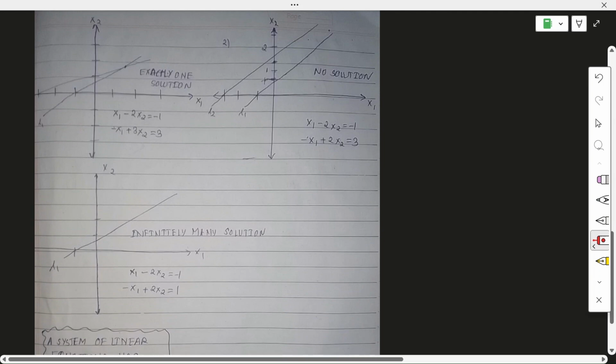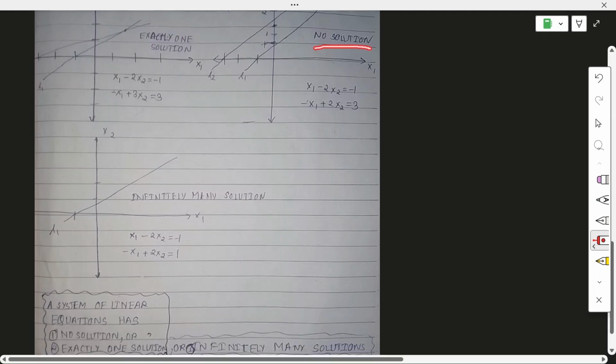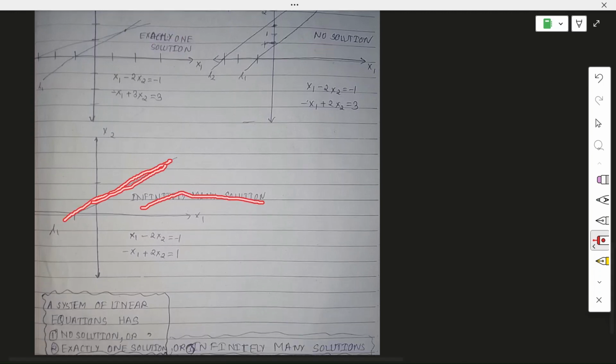Now, what is exactly one solution? It is one linear system: x1 minus 2x2 equals, and minus x1 plus 3x2 equals minus 3, and another. So the lines intersect at one point, so there is exactly one solution. If the two linear equations are lines parallel to each other, then they have no solutions. If they overlap each other, then they have infinitely many solutions.